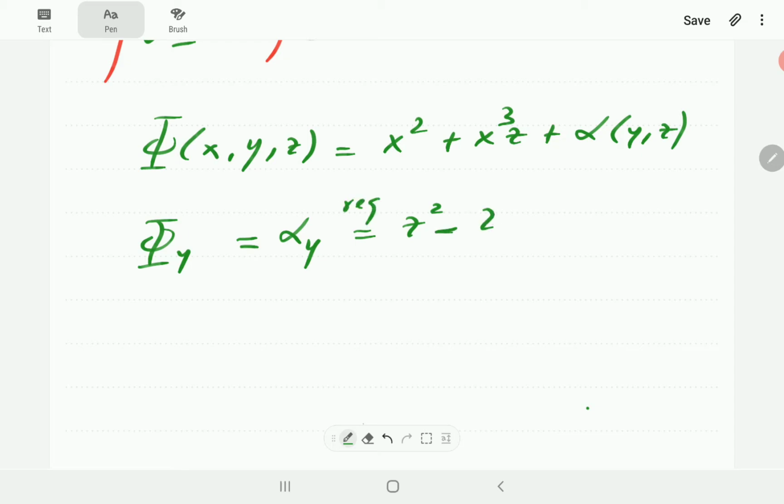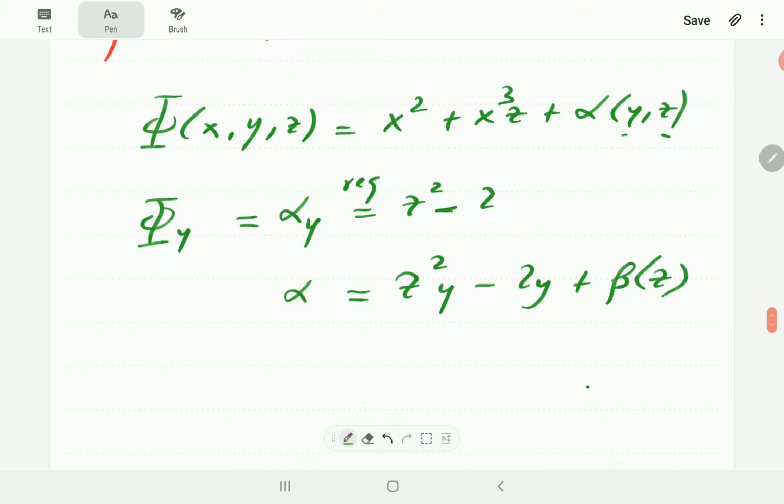So we require these two to be equal. So from here phi y is actually equal to z squared minus 2. And so integrating partially again with respect to y now, it's going to give us z squared y minus 2y plus beta, a function of z this time, because remember alpha is a function of y and z.